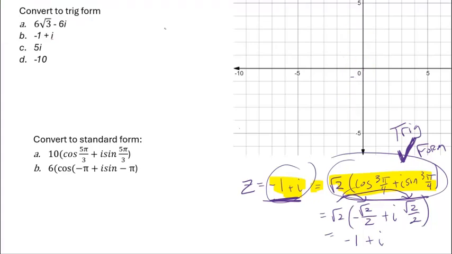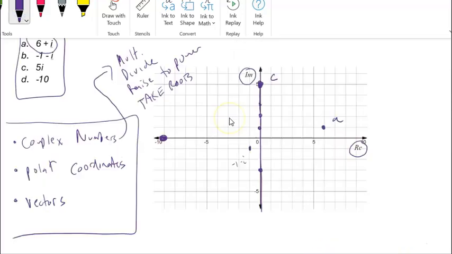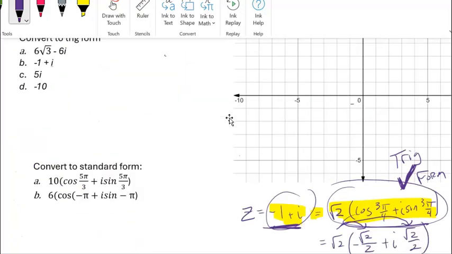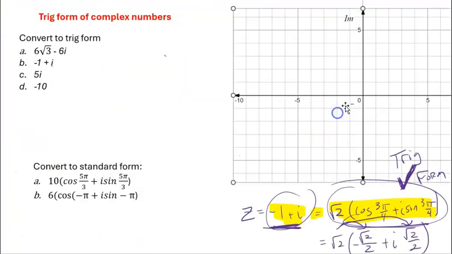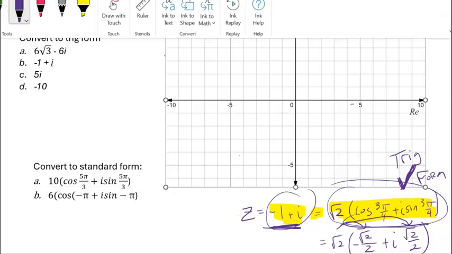If I wanted to draw that picture, 6 root 3, and by the way, there's a reason I'm giving you 6 root 3 and 6. That should be a special triangle. We're going to be working with a lot of special triangles here. Let's clean this up a little bit.